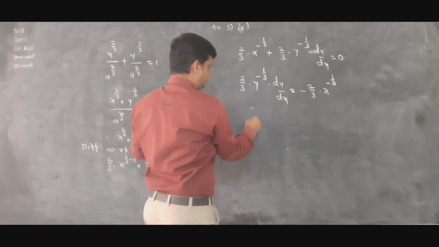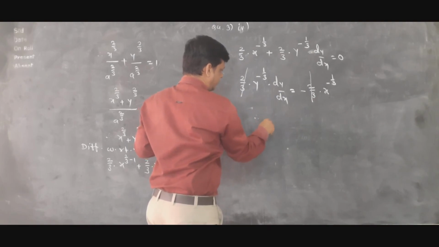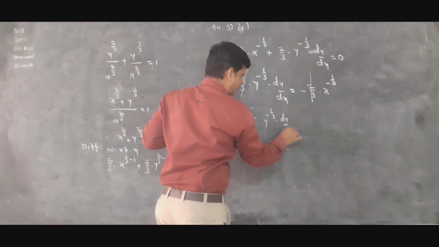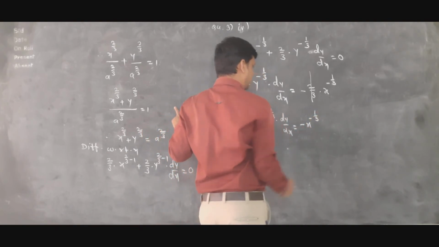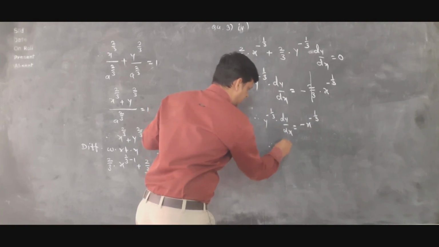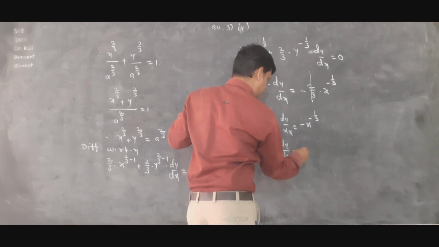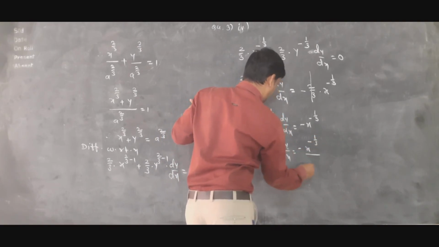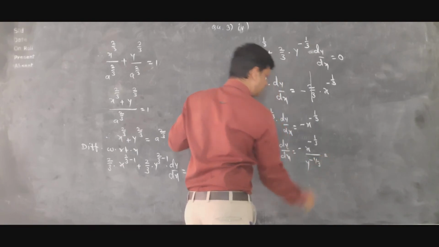So this 2 by 3 gets cancelled, so write y raised to the power minus 1 by 3 into dy by dx is equal to minus x raised to the power minus 1 by 3. So right here dy by dx is equal to minus x raised to the power minus 1 by 3 upon y raised to the power minus 1 by 3.